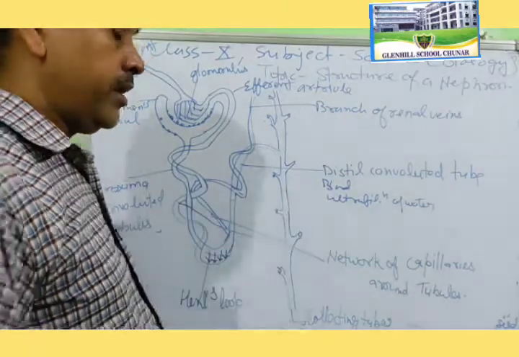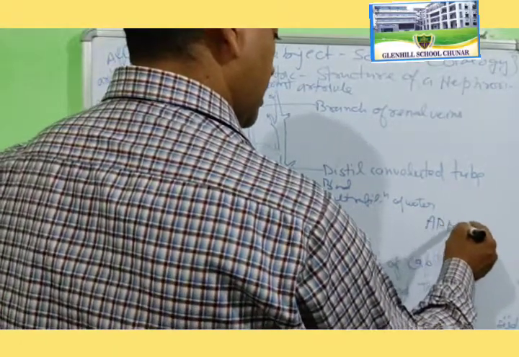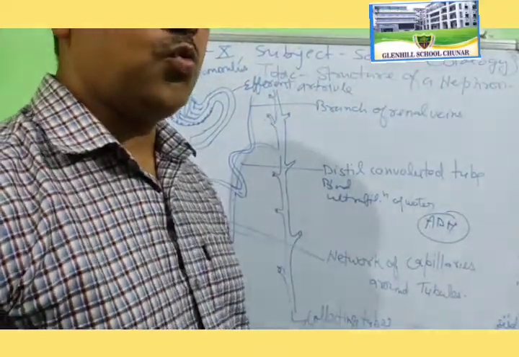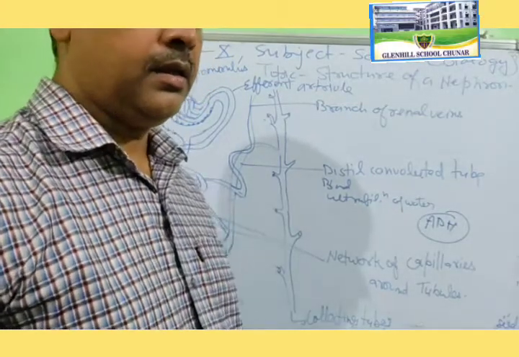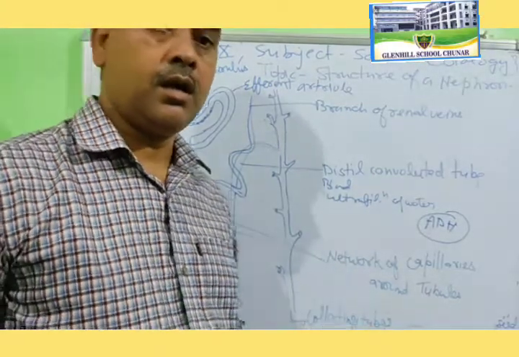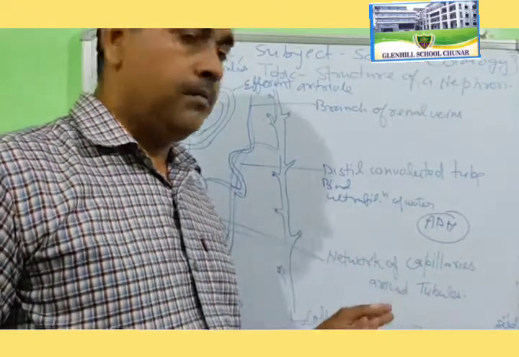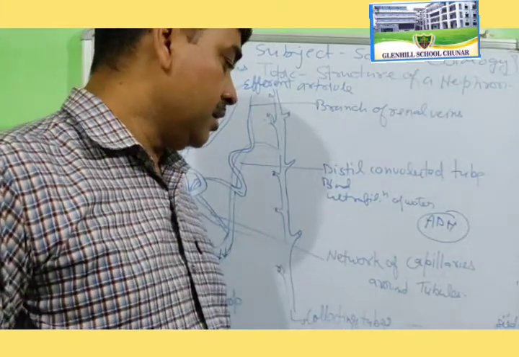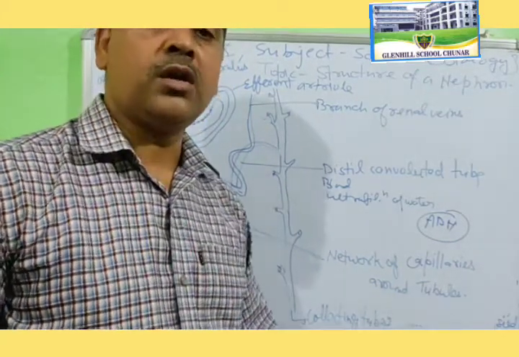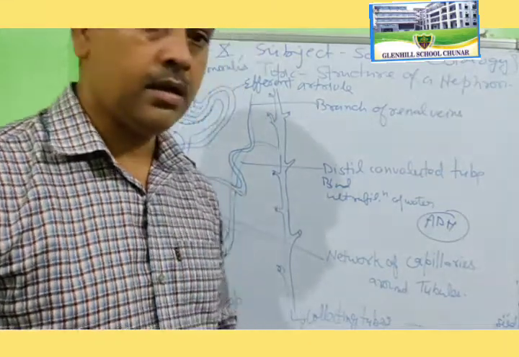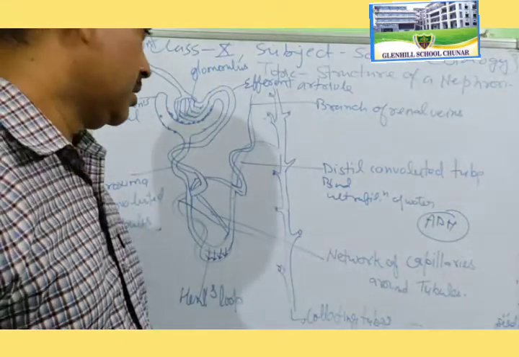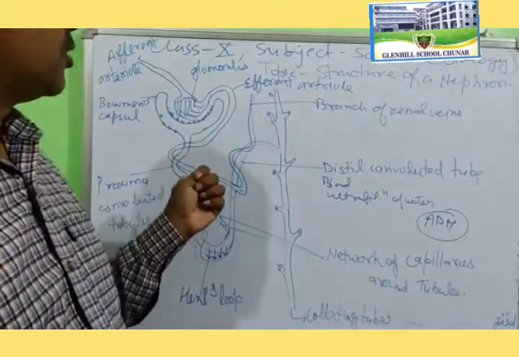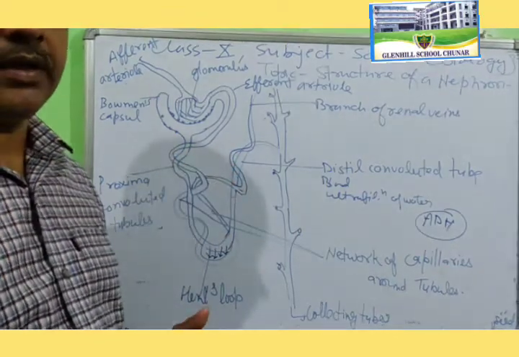Where ADH, the antidiuretic hormone, is present, which regulates osmoregulation and the urine formation, the concentration of the urine, and it is collected in the collecting tubes and goes to the urinary bladder for urination. Okay, so these are only a few functions of the glomerular fluid. So a number of nephrons are found in the kidney.